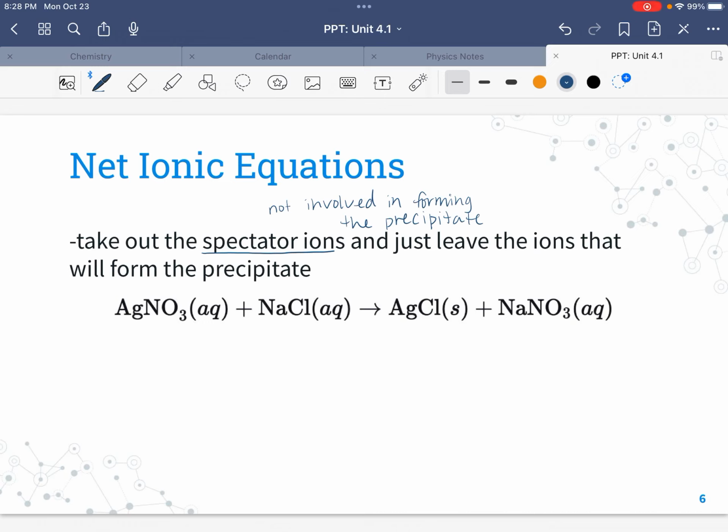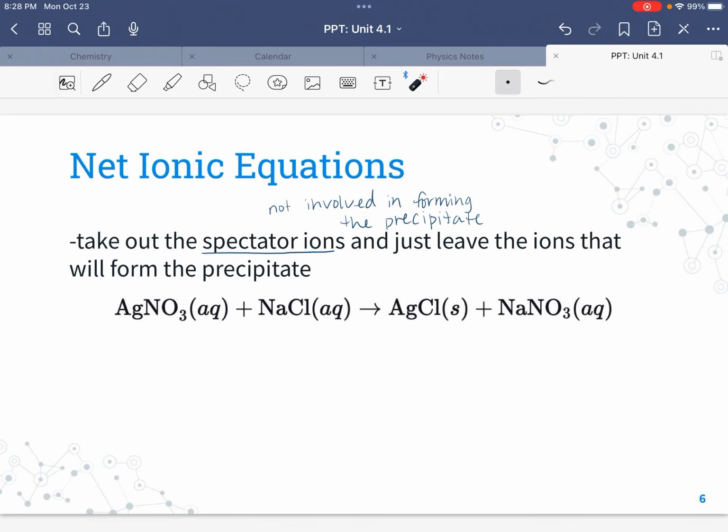So if no precipitate is formed, we're going to assume with these dissociation or displacement reactions that no reaction is formed. If we look below at this equation, we have AgNO3, which is aqueous, meaning that it's been dissolved into an Ag ion and an NO3 ion. And then we have NaCl, also aqueous, so this is also in its ion forms, is going to yield our AgCl, notice the S standing for solid.